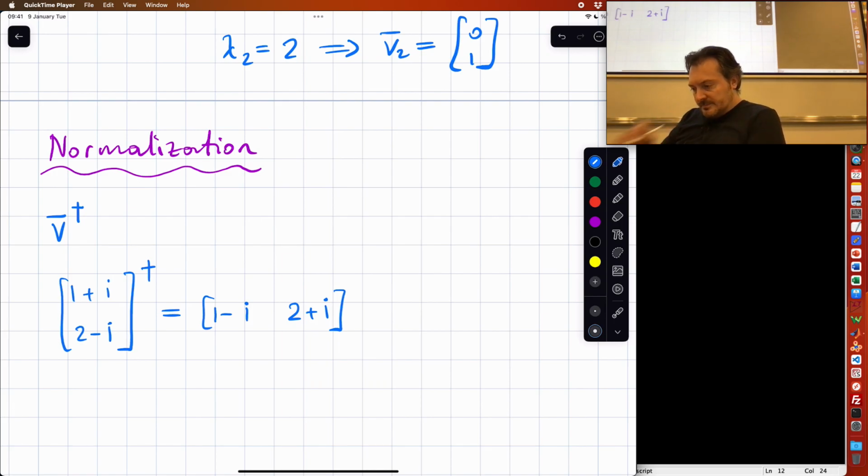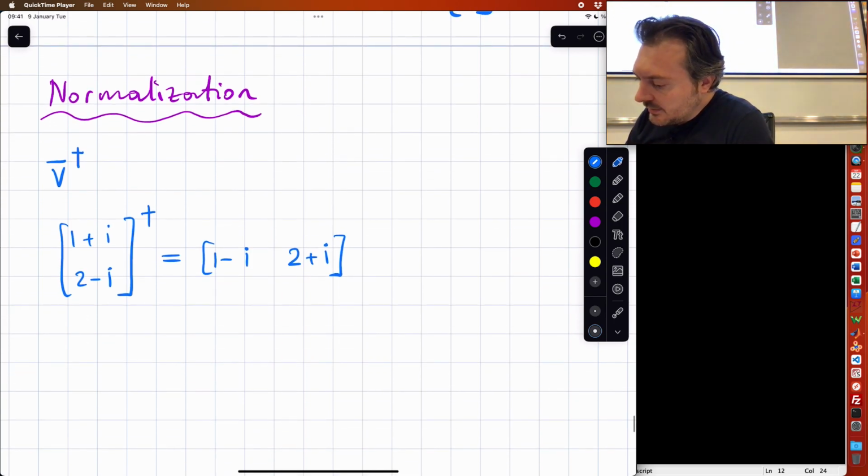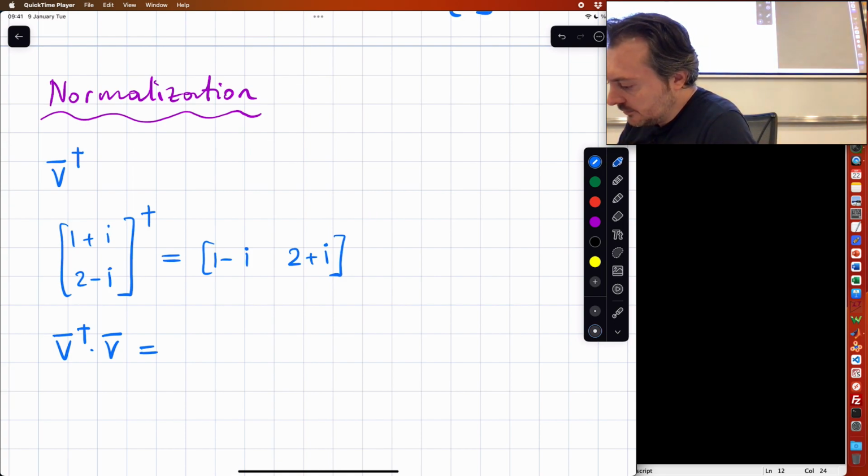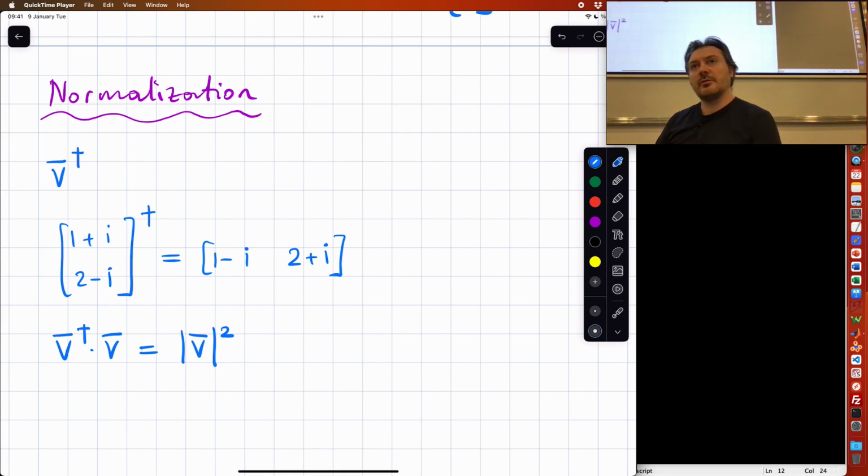Now, when you multiply the Hermitian conjugate with the vector itself, what you get is the absolute value squared of this vector. Okay? Let me say that this is the absolute value squared of this vector.